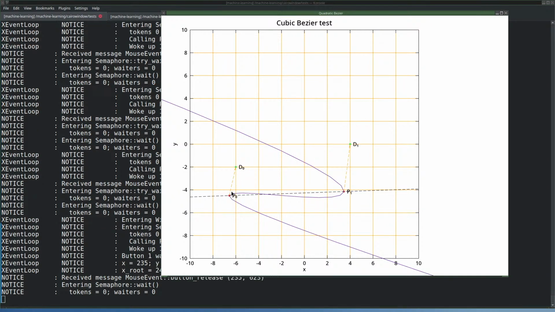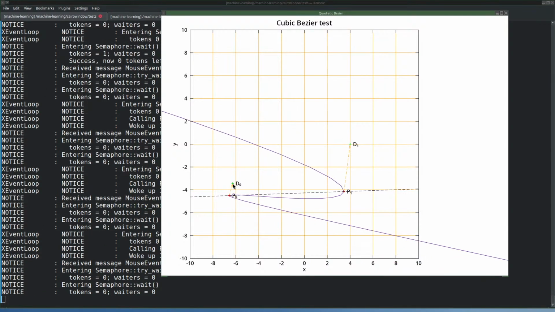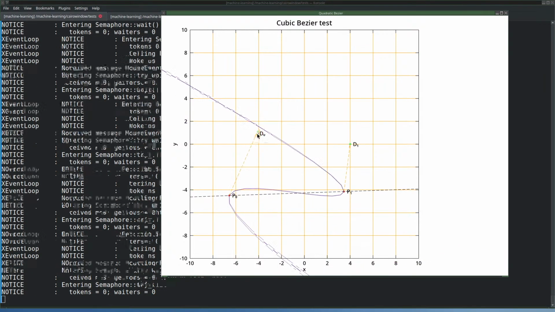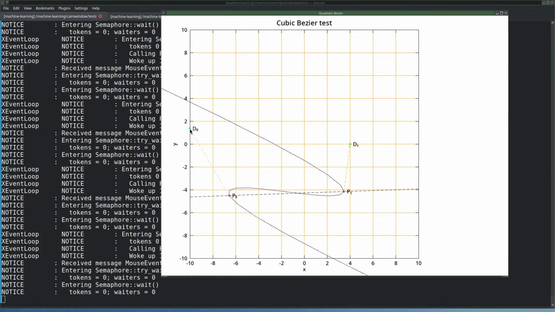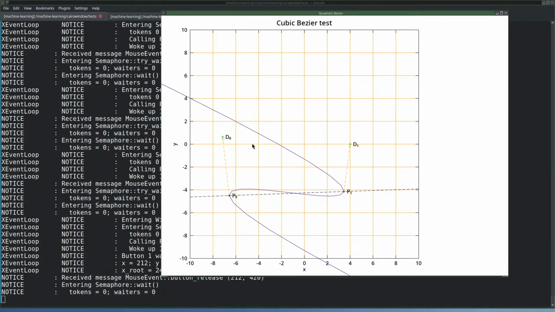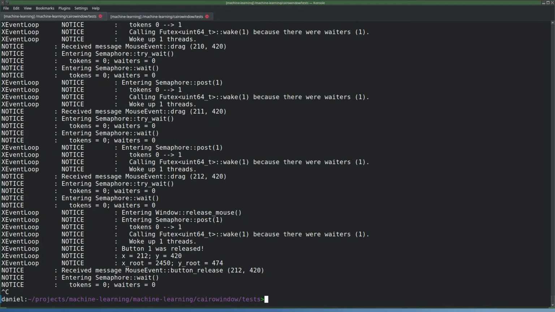At least D0 is connected to P0, D1 is connected to P1. And if we drag this thing, yeah, sure, that's the speed and the direction, and where it goes, but it's a bit choppy. Let's make small steps.